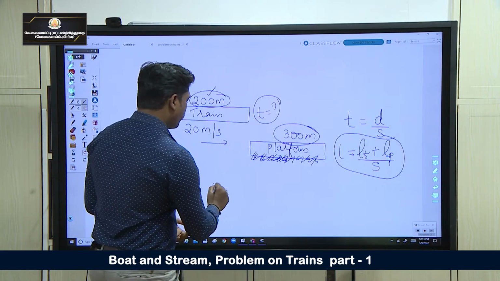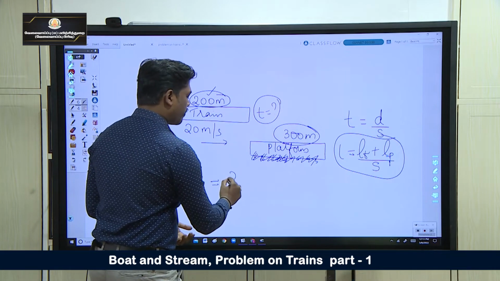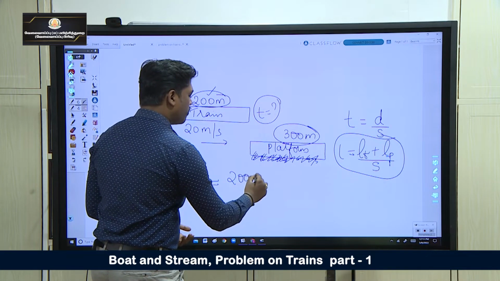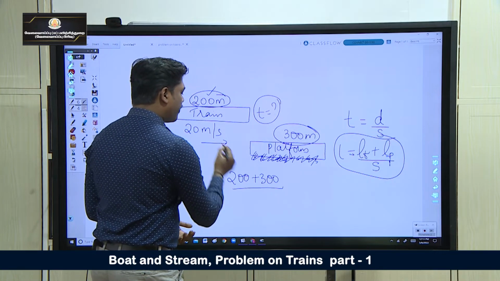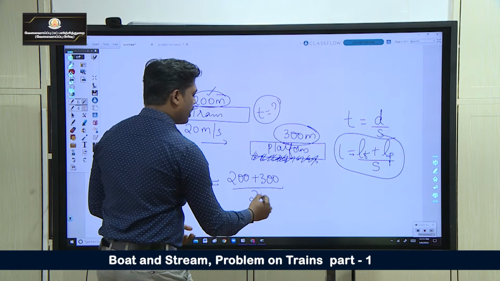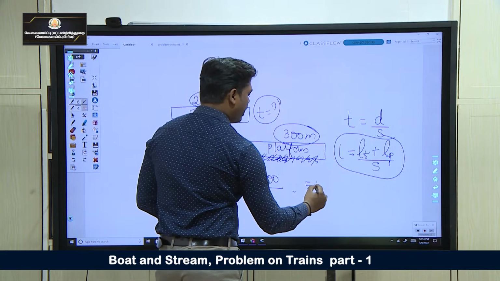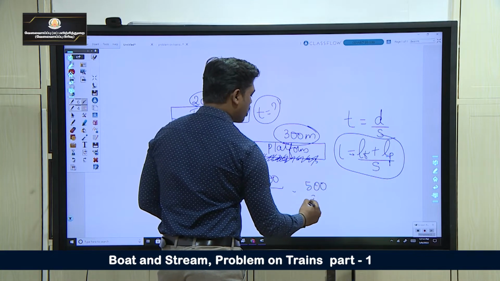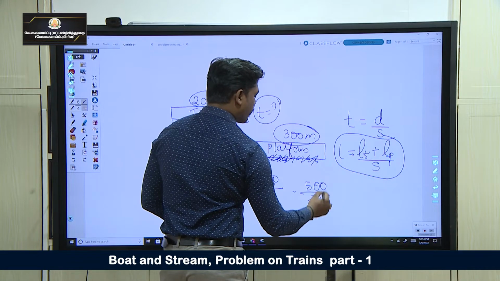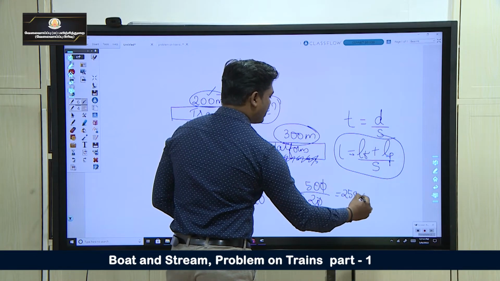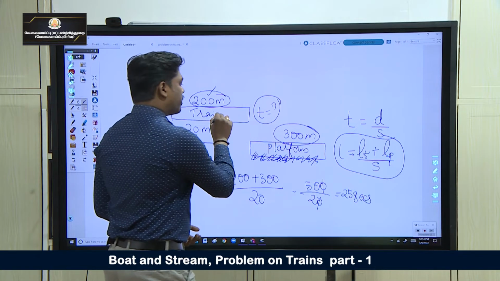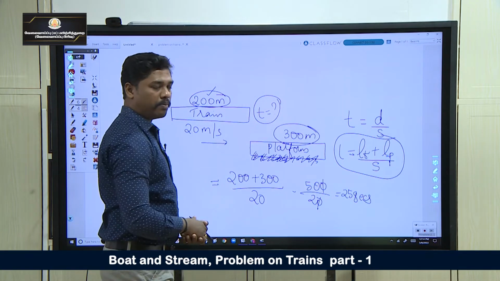So what is length of train here? 200. Length of platform 300, divided by speed of train 20. So you will be getting 500 divided by 20. So in 25 seconds this train will cross the platform.